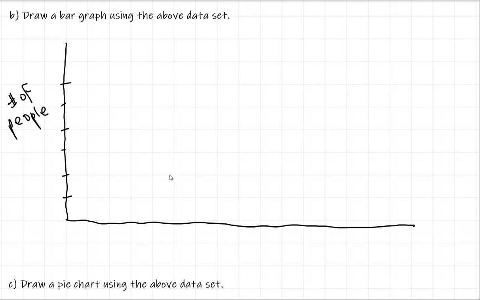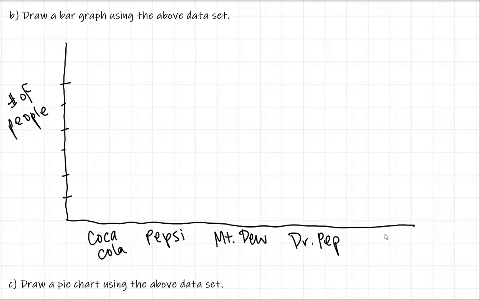We don't need to keep going that high. And then down here, we're gonna label our drinks. So we have Coca-Cola, Pepsi, Mountain Dew, Dr. Pepper, Sprite. Am I forgetting one? Nope, we just need the none category as well.